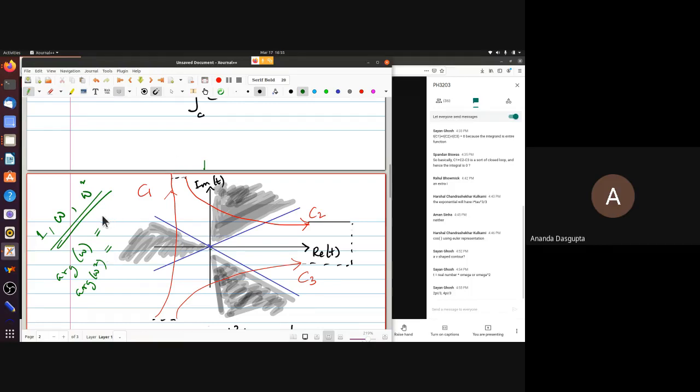Okay, so Shayan said 2 pi by 3, 4 pi by 3. I'm pretty sure everybody knows this, right? Or just 1/3 of a full circle, full angle, 2/3 of a full angle. These are cube roots, right?